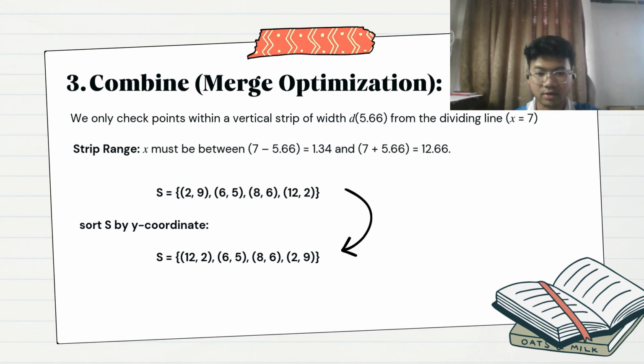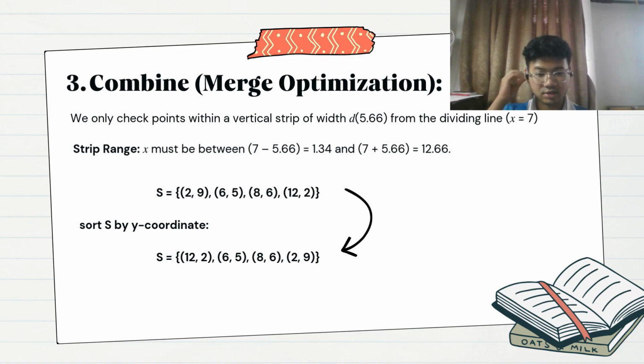Next, for the combining step, the merge optimization, we only check the points within the vertical strip of width delta 5.66 from the dividing line, which is x equals 7, so the strip range of x must be between 1.34 and 12.66.